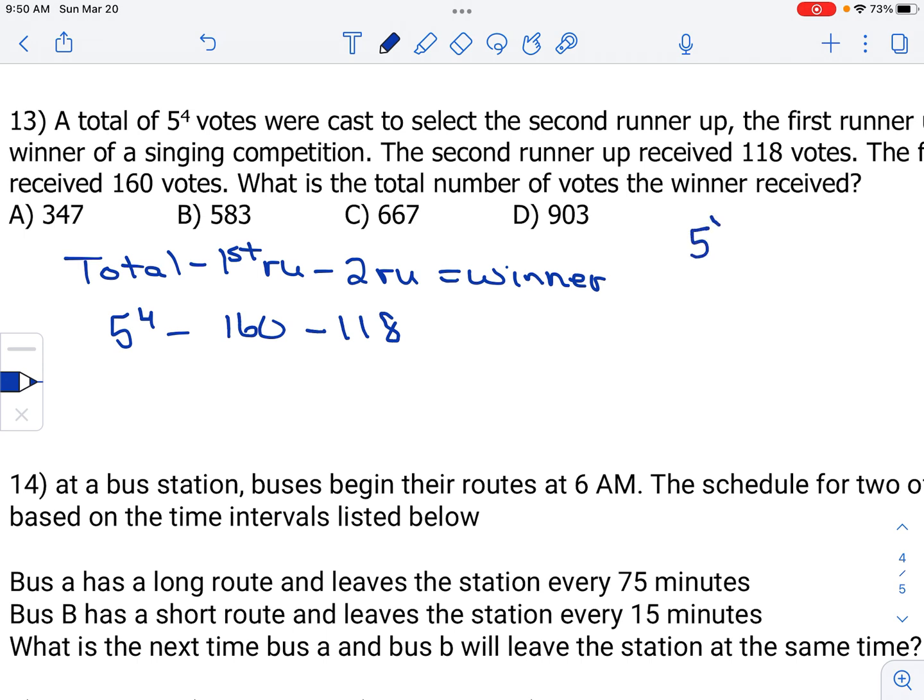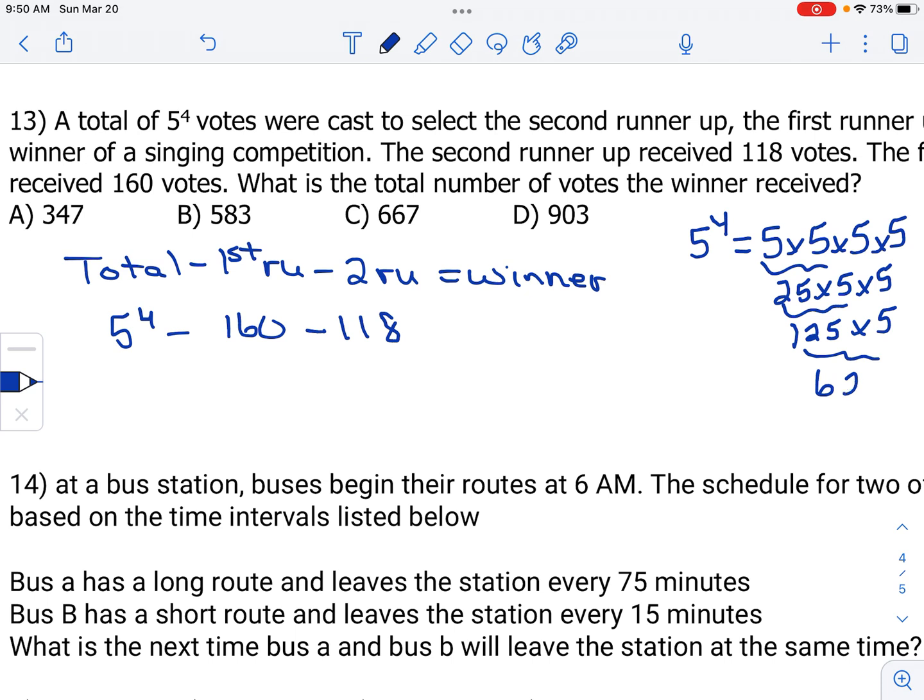5 to the 4th power means 5 times 5 times 5 times 5. So 5 times 5 is 25. 25 times 5 is 125. And 125 times 5 is 625. So the total number of votes was 625 votes.